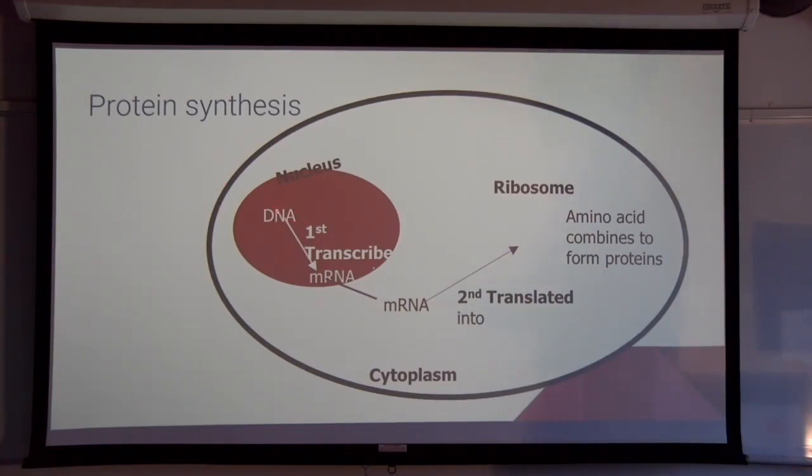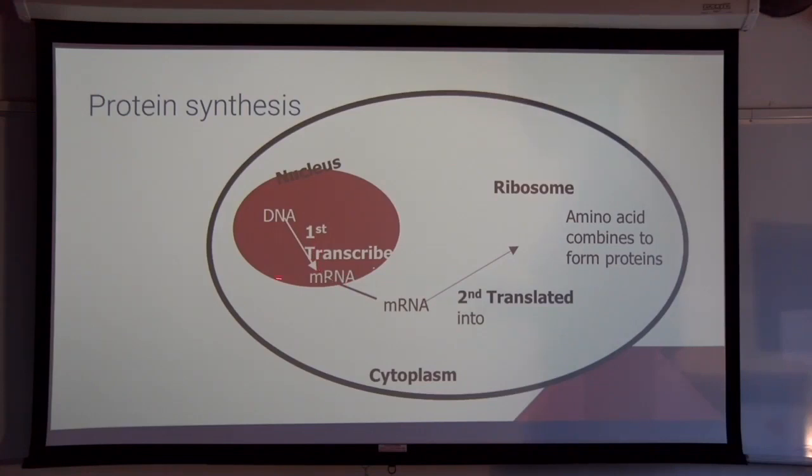The DNA will get transcribed into messenger RNA. The DNA cannot leave the nucleus. There are other enzymes that will break down or destroy the DNA, so it cannot leave the nucleus. So in order to get the message there, a messenger will come into play.